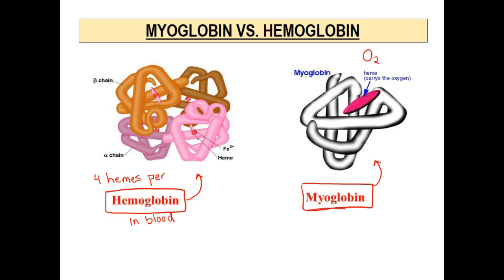And myoglobin is kind of like hemoglobin because it also contains heme, but just 1. It's kind of like a single subunit of hemoglobin if you think about it. And so it will bind to oxygen, and the heme releases oxygen when the muscle needs oxygen.